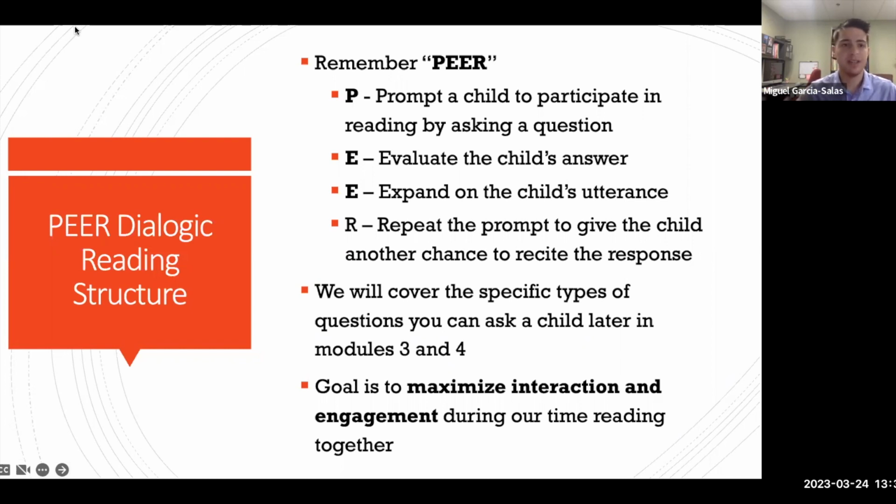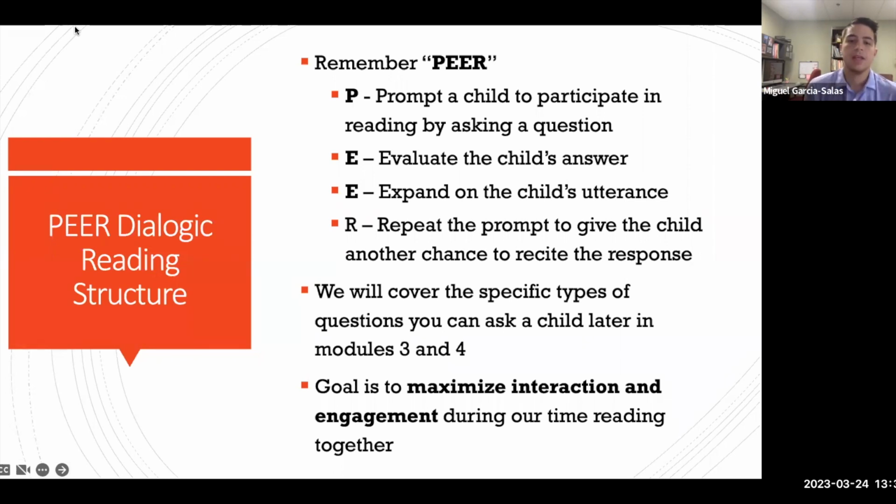We're going to build on that language that they're using so that they get a good model, a good example of some more complex language they can use the next time we ask them a prompt, and hopefully they can use without us prompting at all. Okay, and that R stands for repeating the prompt to give the child another chance to respond. After we give them that little extra information, and expand on the child's utterance, maybe if we ask the question again, they'll incorporate some of that into their answer, and that builds language skill.